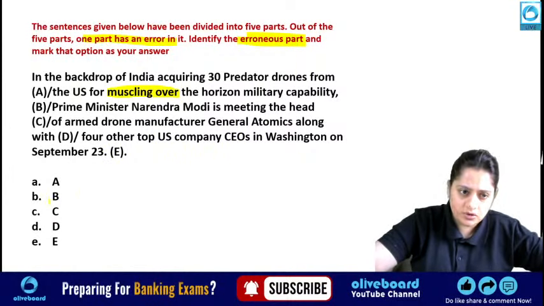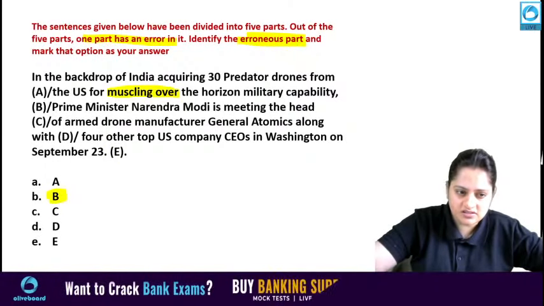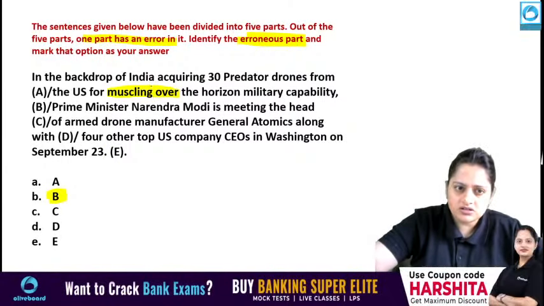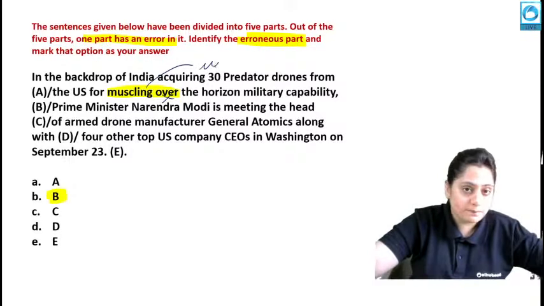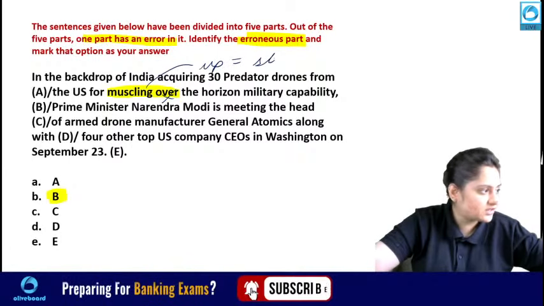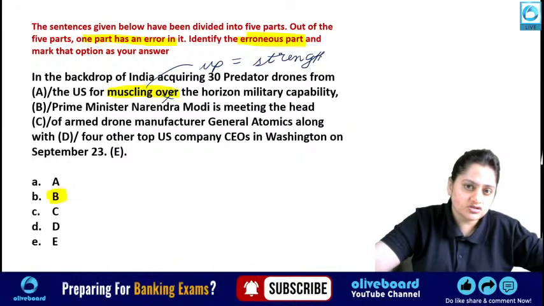Guys, there is a problem only in the B part, and that too a phrase. This is a tricky one because we say muscling up, not over. Muscling up means working hard, strengthening.